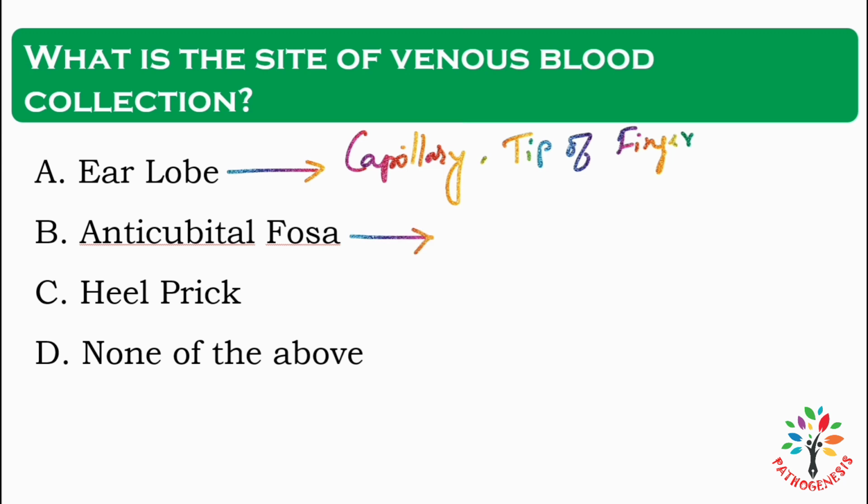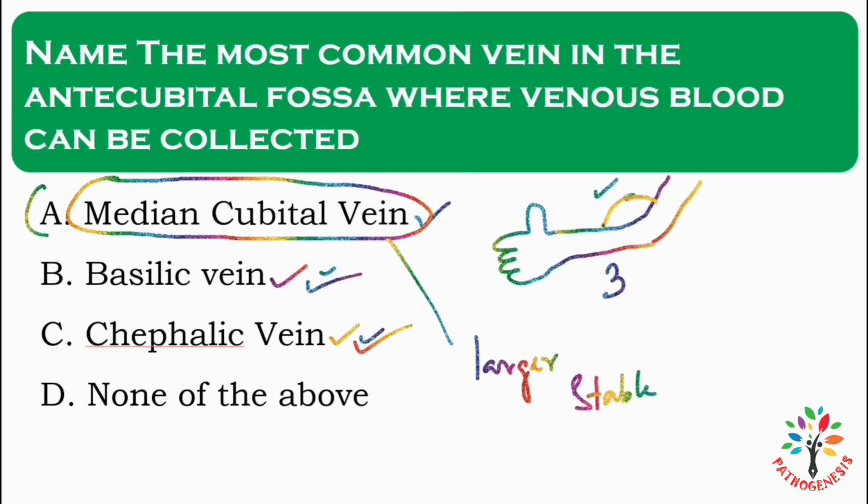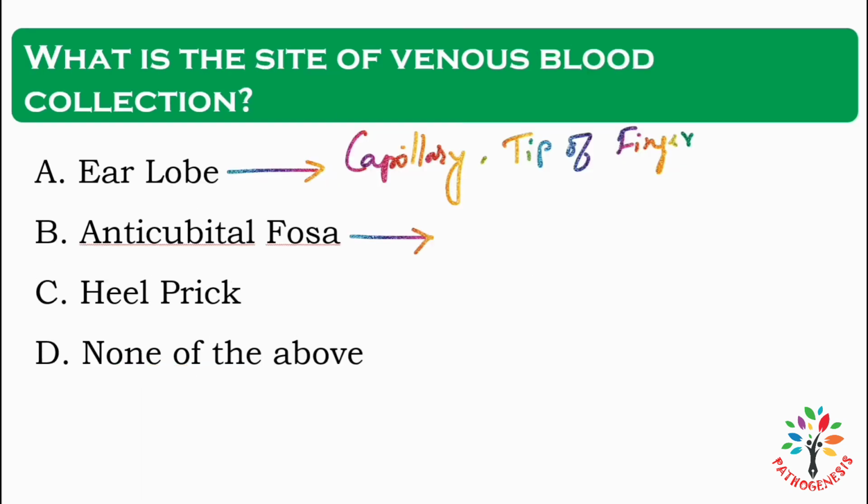Antecubital fossa is what I showed you a minute ago. This is the antecubital fossa, and from this part we collect venous blood. So this is the correct answer, but I would still like to discuss the other points.